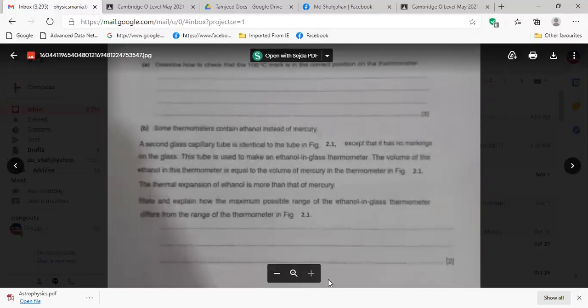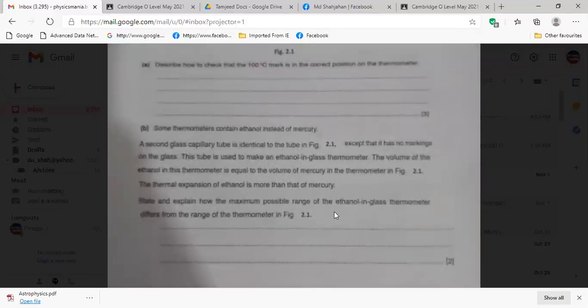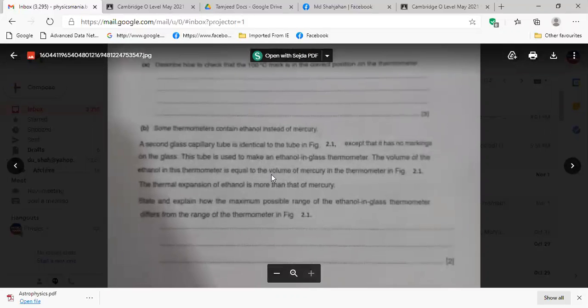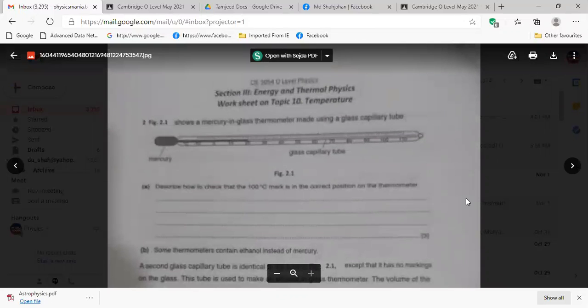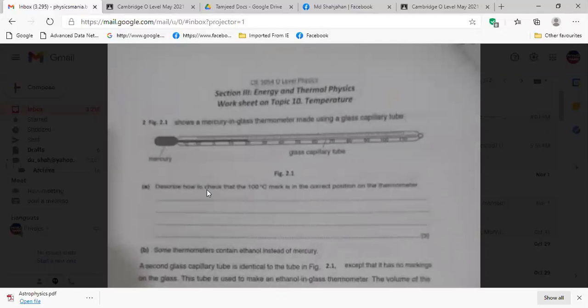Now this one. Describe. Can you read it? Describe how to check that the 100 degrees Celsius mark is in the correct position on the thermometer. So what you will check? You will keep the thermometer in boiling water, right? The thermometer bulb you have to keep in boiling water.